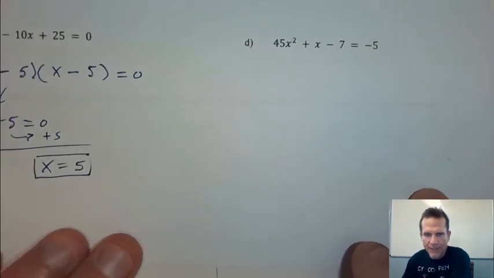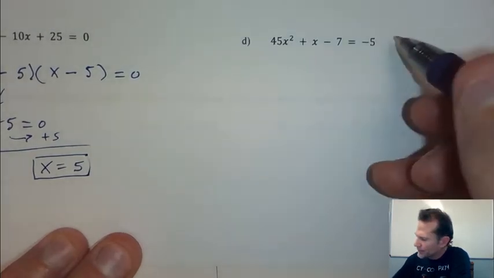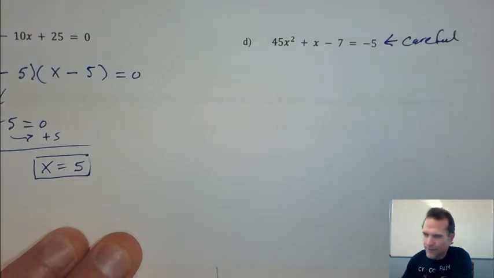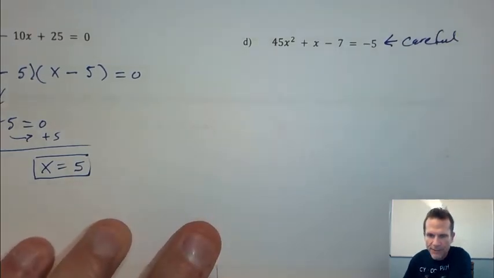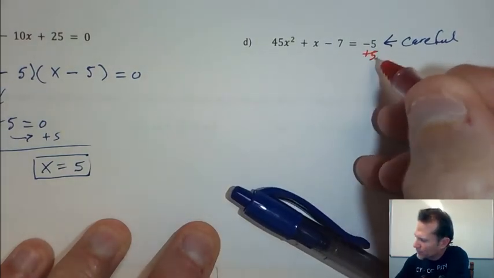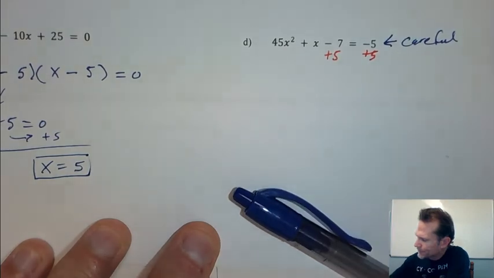Now looking at D here, we have to be careful with this, all right? It is not ready to factor yet because it doesn't say equals 0. So what I'm going to do is I'm going to add 5 to both sides, or move the negative 5 over, okay?